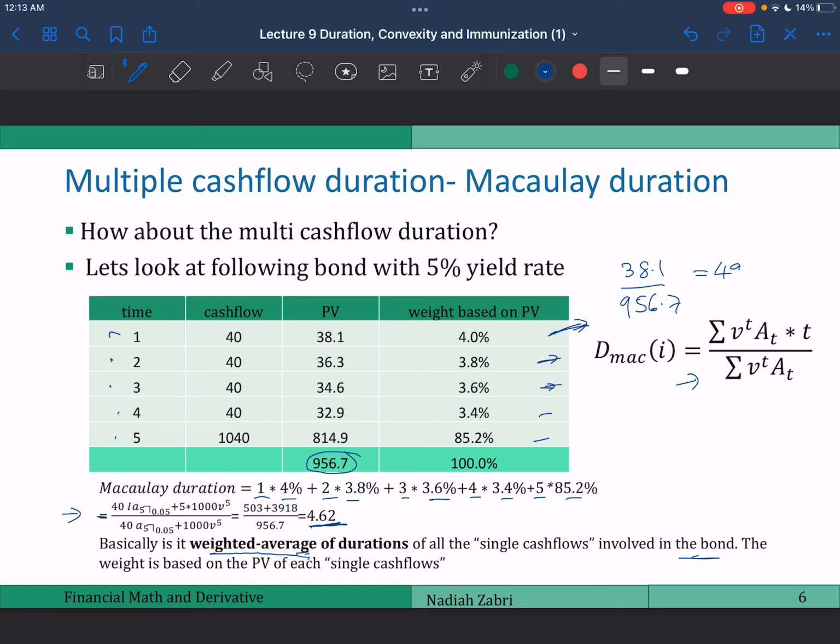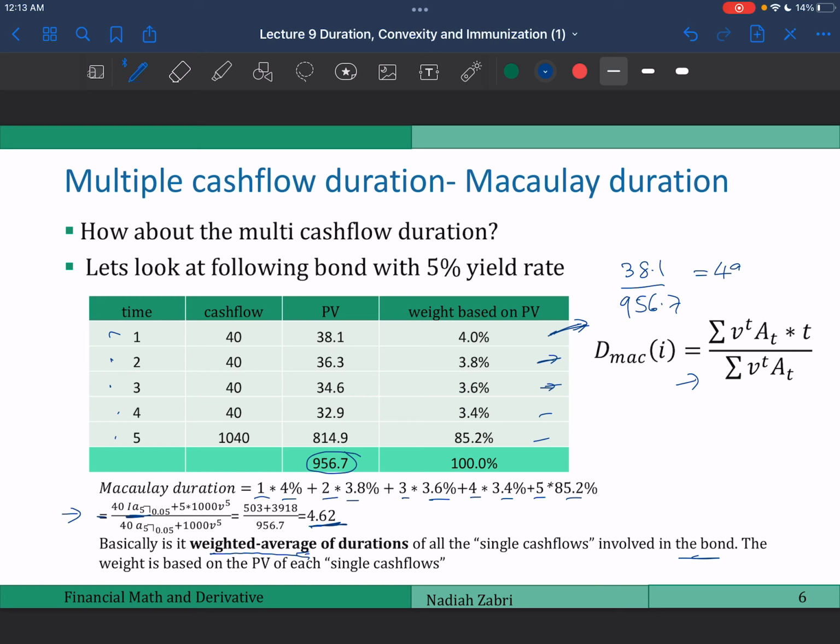with this solution. So if you can see, since the bond consists mostly of the coupons that are level annuity, computing Macaulay duration with this formula is going to be easier, because we can leverage on the increasing annuity formula to calculate the T times the present value of the coupons in the numerator.